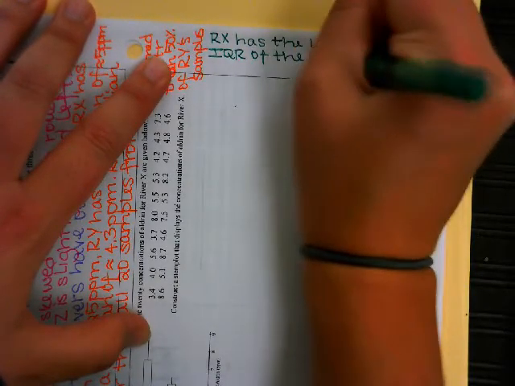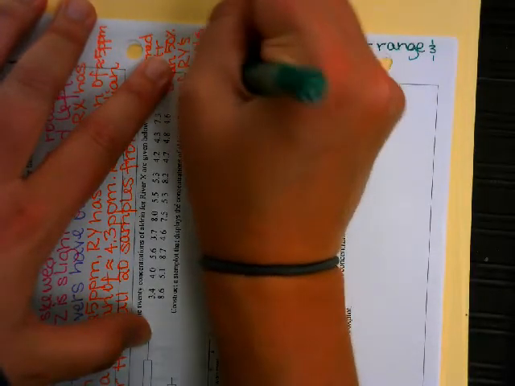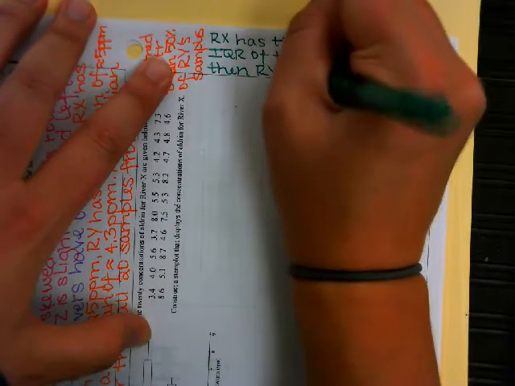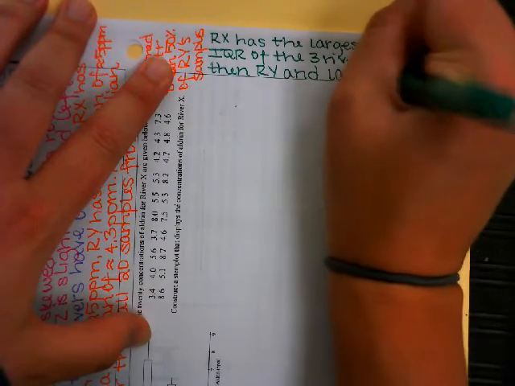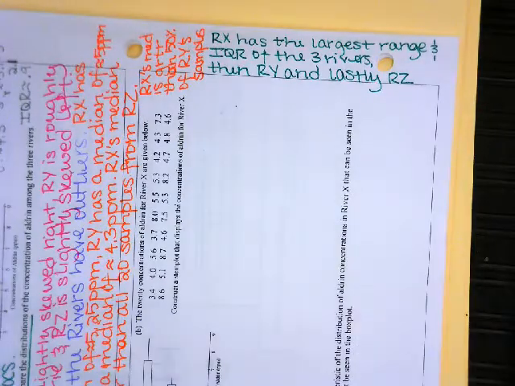Then River Y, and lastly River Z. Why do I keep saying X? Sorry, River Z, X, Y, Z. You would think I could remember the alphabet.